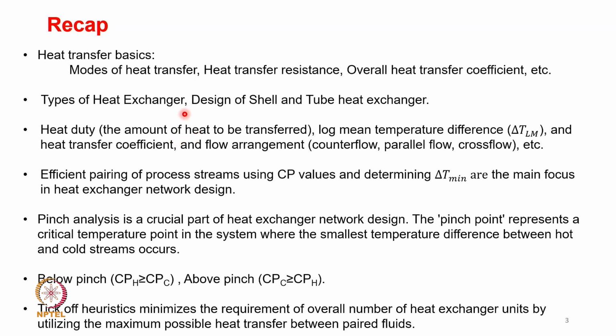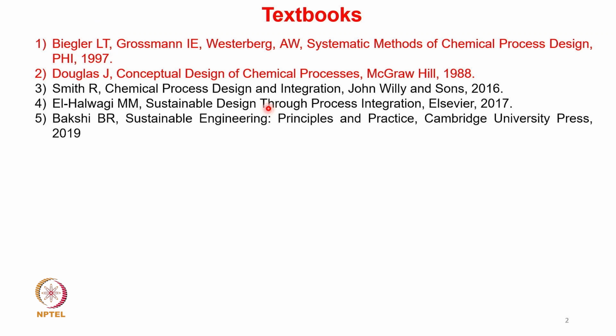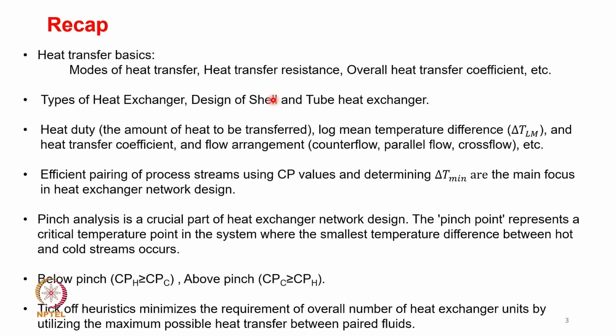We talked about the types of heat exchangers, specifically the design of shell and tube heat exchangers, and we were looking at a concept called heat duty, which is the amount of heat to be transferred, the concept known as logarithmic mean temperature difference, heat transfer coefficient, and flow management.